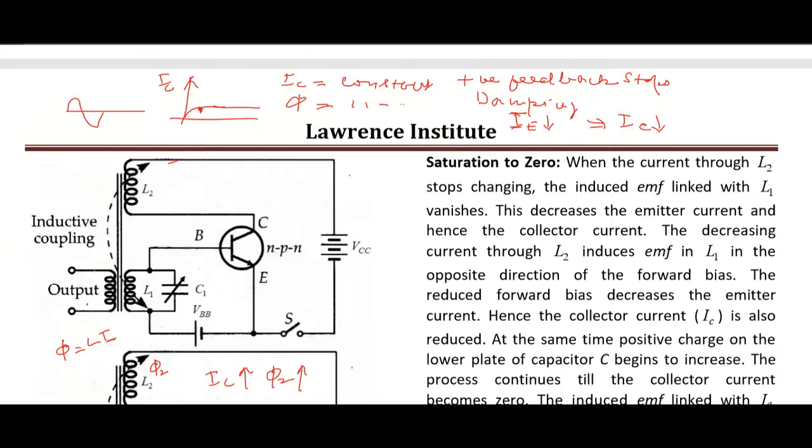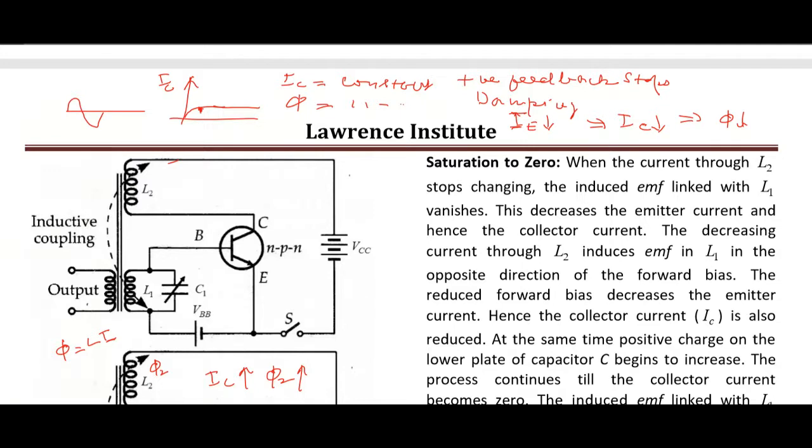Now if IC decreases, it means phi falls, and coupling again becomes active. Because there is a change in flux, again positive feedback will be there. Now the momentary fall in IE will be compensated by this feedback.